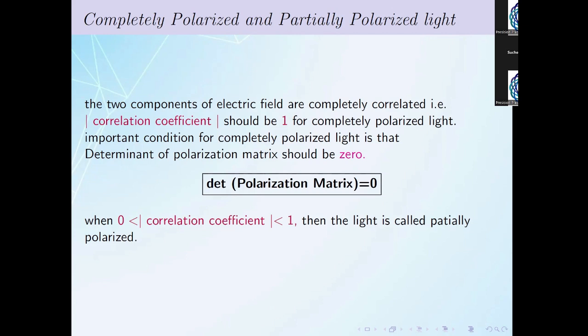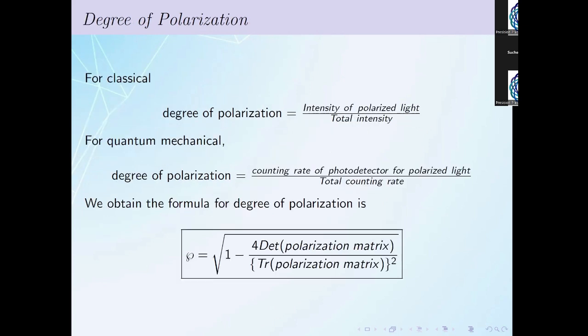From that, it can be said that when we pass a partially polarized light, we can get two parts: one is completely unpolarized, and the other is completely polarized. Now, the degree of polarization, which tells about the state of polarization of the beam.